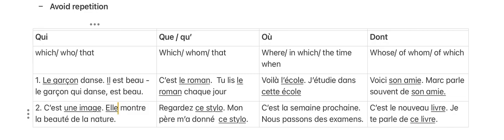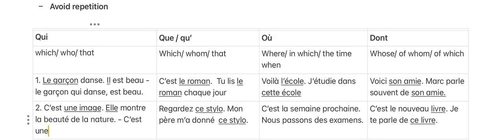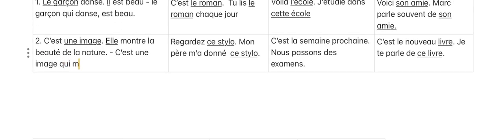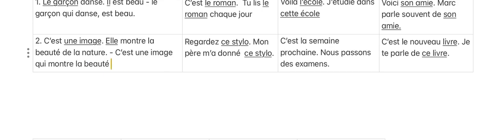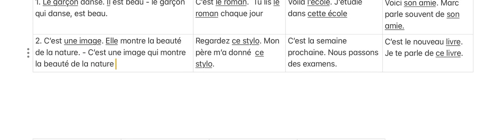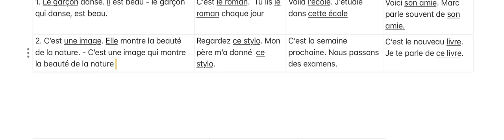Let's see how. C'est une image qui montre la beauté de la nature. C'est une image qui montre la beauté de la nature, which means this is a picture which shows the beauty of the nature, or this is a picture that shows the beauty of the nature.